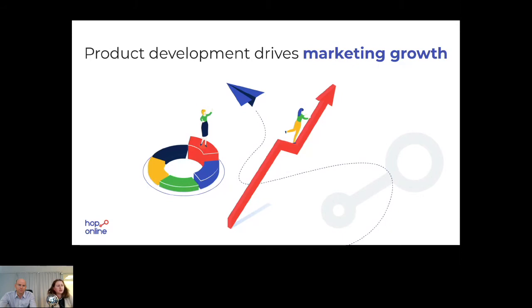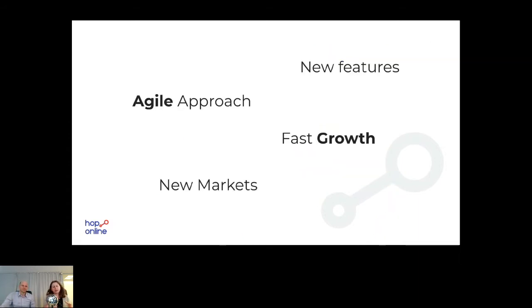There are new features being added, new markets being targeted, and all of this makes it a lot easier when it comes to SEO, because it gives you new opportunities to target new customers, new markets, new buyer personas very easily.